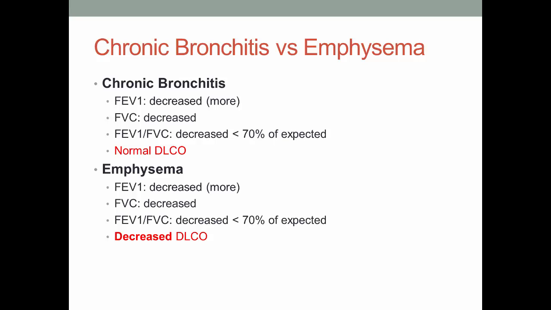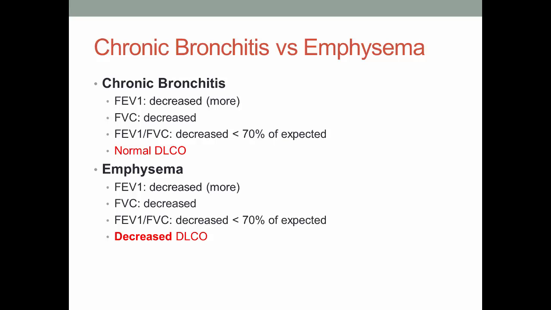And with emphysema, like we talked about, because there is destruction of the alveoli from those proteases that go unabated, the ability of carbon monoxide to diffuse is decreased, right? Because the alveoli are enlarged and destroyed. So it affects the ability of oxygen and carbon dioxide to cross those capillaries.